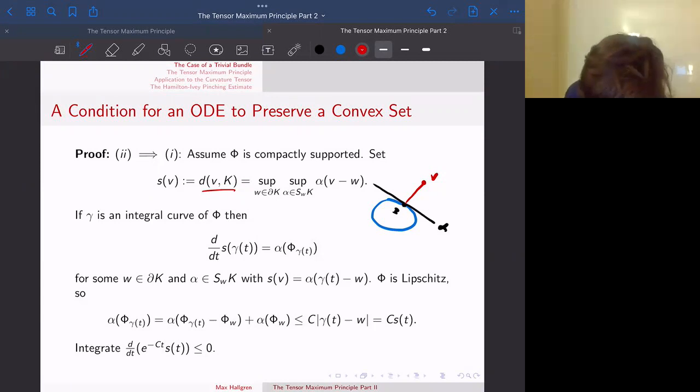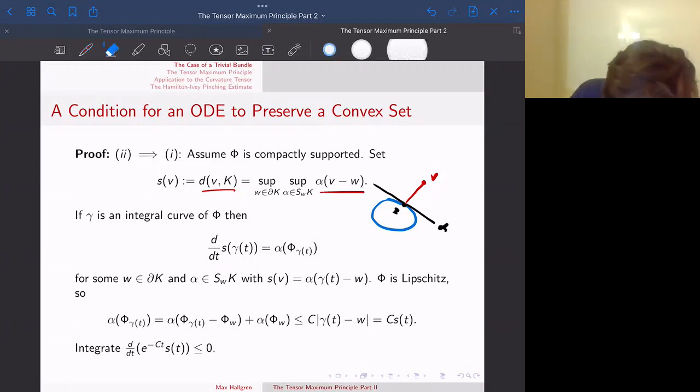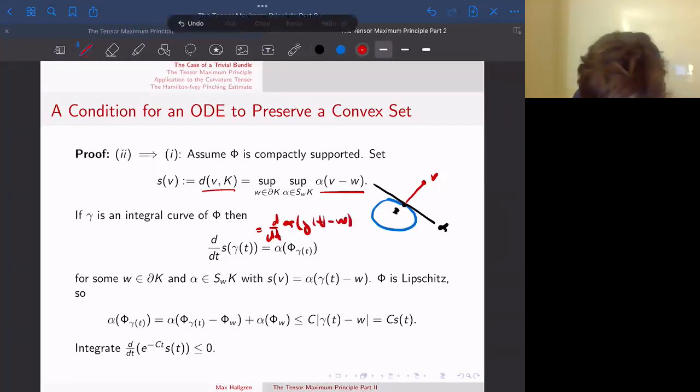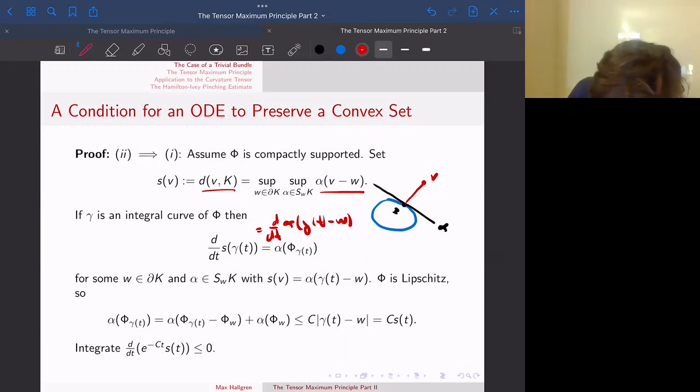Applying that lemma that I just pointed to, at any time t where this function is differentiable, we see that its derivative is given by, where we replace V with gamma of t, so maybe let me include that intermediate step, d/dt of alpha of gamma of t minus W. Here W and alpha are points in the boundary and support functions at this point where the maximum is achieved.